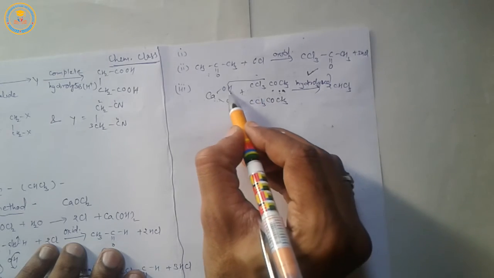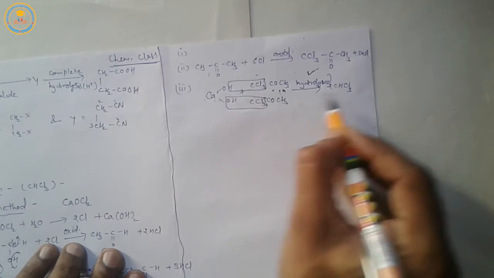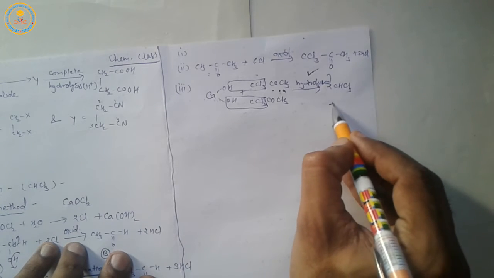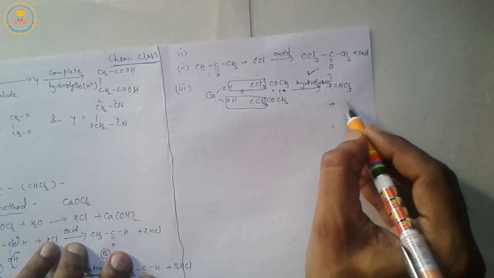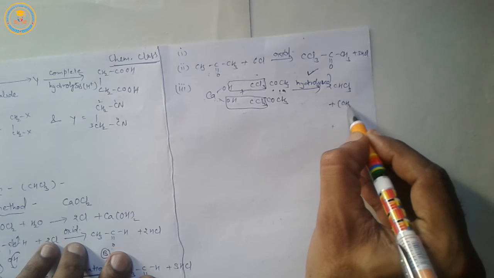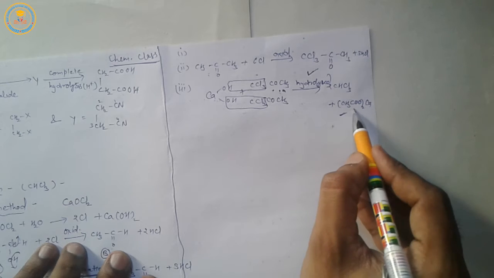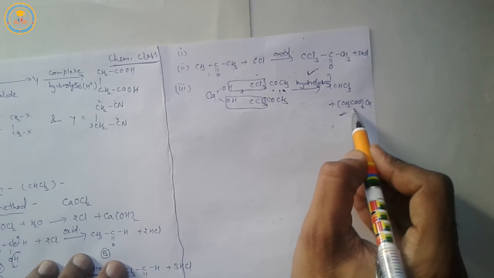Here two molecules of chloroform are formed after removing calcium acetate. This is the calcium acetate molecule.